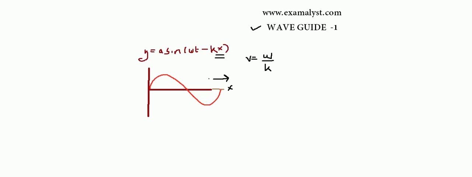Now what is y? y is actually the vibration about the y-axis. So for example, the maximum vibration that the wave can take is the value of a. So a here is the maximum vibration.